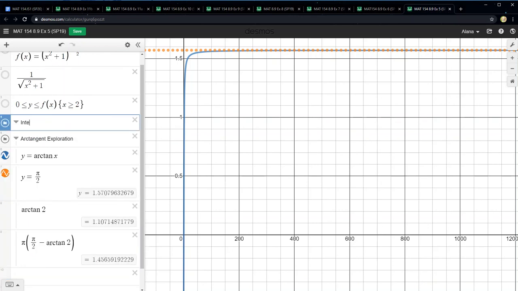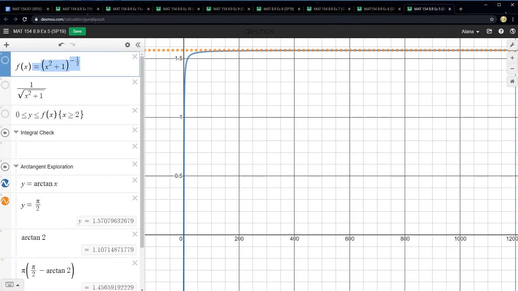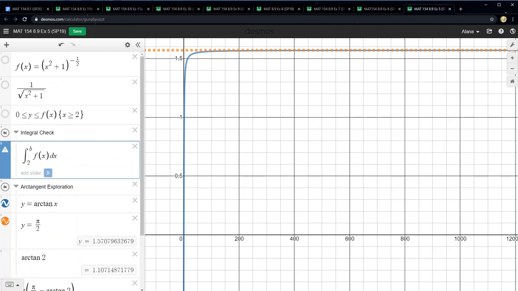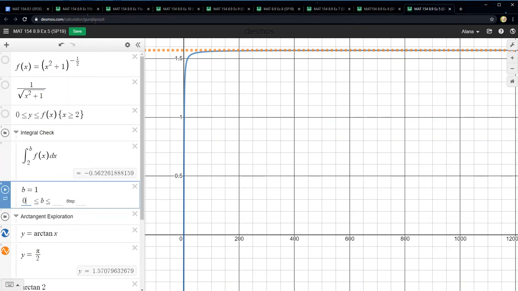So let me show you how I was doing that before. So I want to take the integral from, what was it, 2. I can't do infinity, so I'm going to do letter b, like that. So from 2 to b of f of x, which is my function, dx. And I'm going to add a slider for b. I'm going to let b start out at 0 and get really, really large, and I'll see what happens.